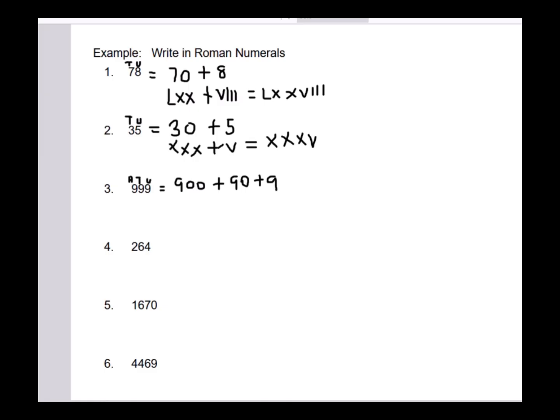So what is 900 in Roman numerals? So 900, that's CM, that's 900, 90, that's XC, that's the tens, and 9, which is IX.